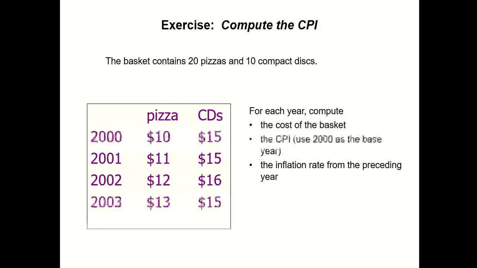So, cost of basket, for year 2000 we have to calculate the cost of pizza and cost of CDs, then we have to add them up. That is, there are 20 pizzas in the basket and cost is $10.